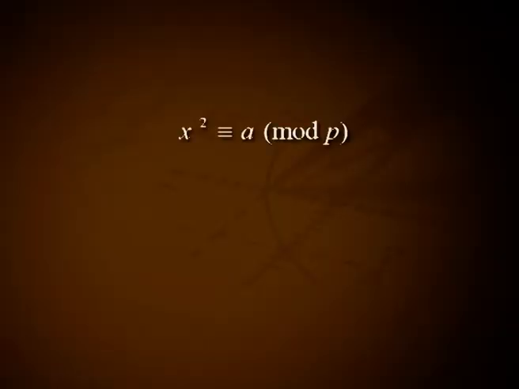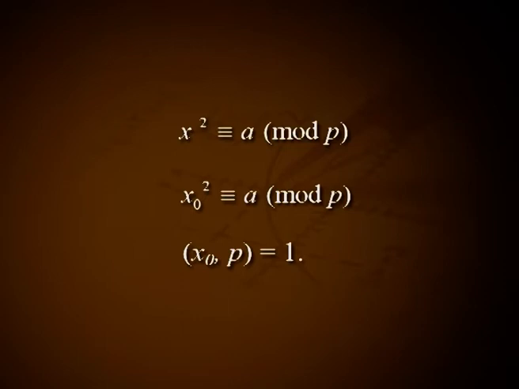2. If a is a quadratic residue mod p and x₀ is a solution of the congruence x² ≡ a mod p, then x₀² ≡ a mod p, which implies GCD(x₀, p) = 1.